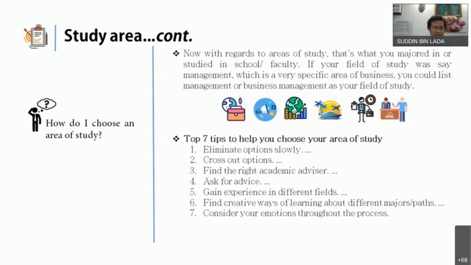Number 4, if you really cannot work it out, ask your supervisor the same things, and ask for advice from friends or other people you trust. I'm not saying that if you cannot get along with your supervisor, go and ask other people. No, this is just to give you some different ideas.